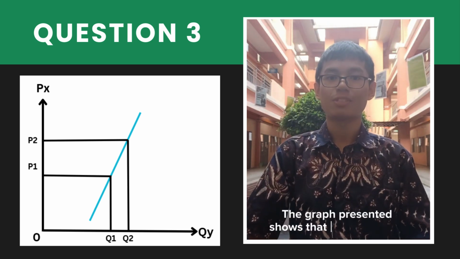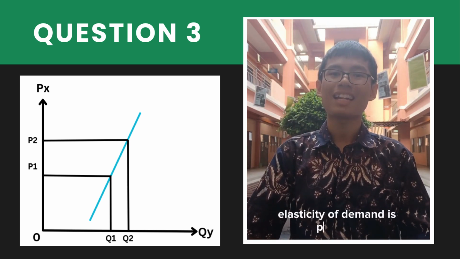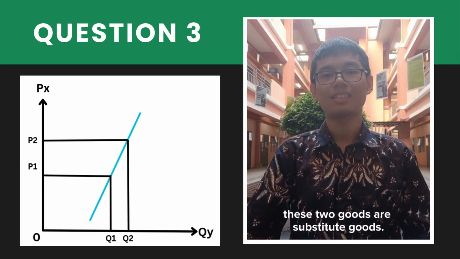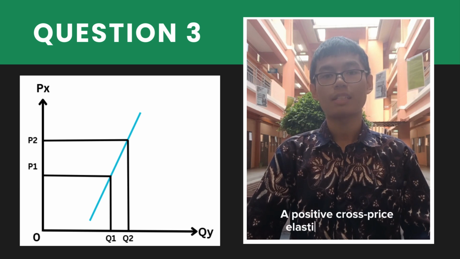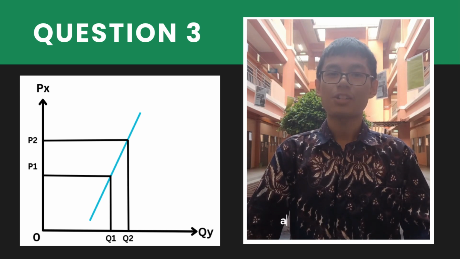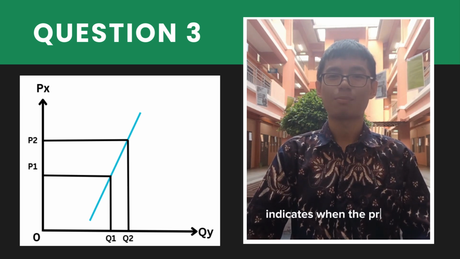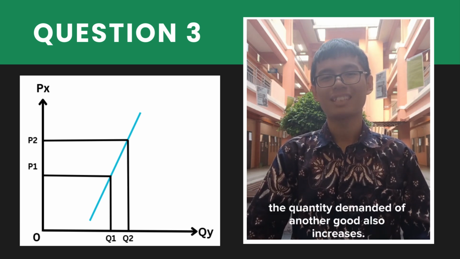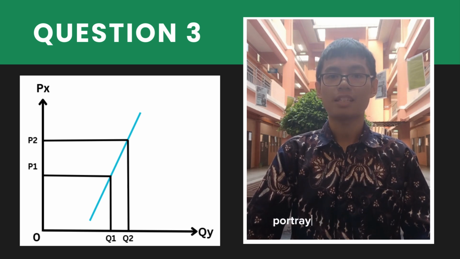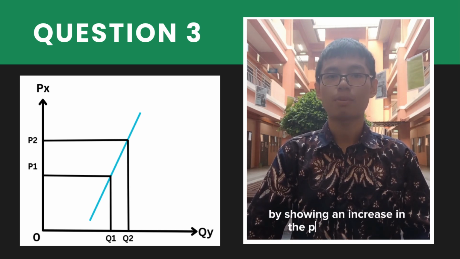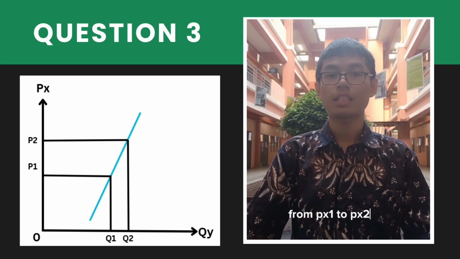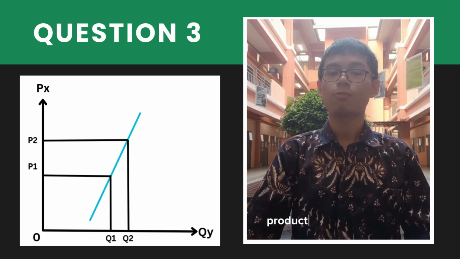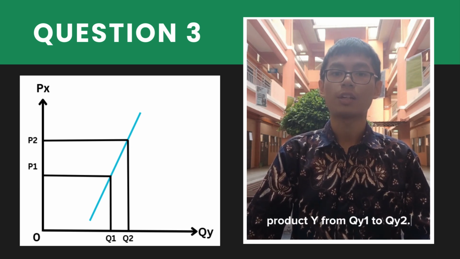The graph presented shows that the cross-price elasticity of demand is positive, which indicates that these two goods are substitute goods. A positive cross-price elasticity coefficient, as shown in the graph, indicates that when the price of one good increases, the quantity demanded of another good also increases. Specifically, the graph portrays this relationship by showing an increase in the price of good X from Px1 to Px2, accompanied by an increase in the quantity demanded of product Y from Qy1 to Qy2.